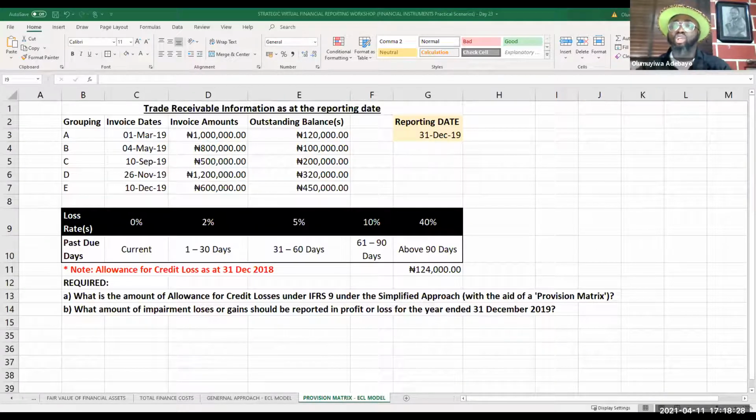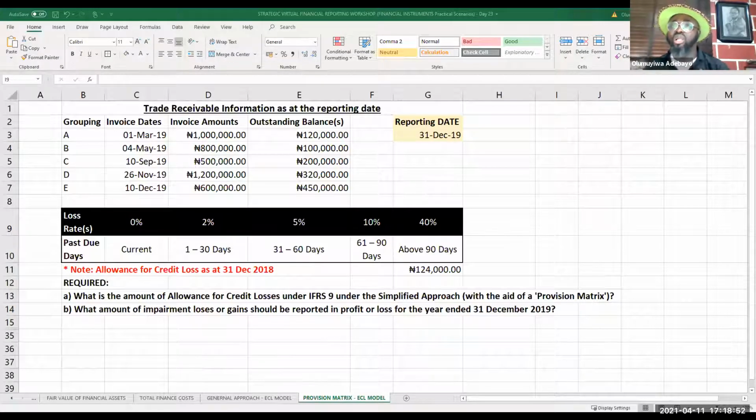Thirdly, you continue to update the information. As of 2019, we use 5 years, from 2015 to 2019. In 2020, we can make it a moving average where we now use 5 years from 2016 to 2020, which means you have taken out 2015 and brought in 2020. At that point, you develop a new loss rate.